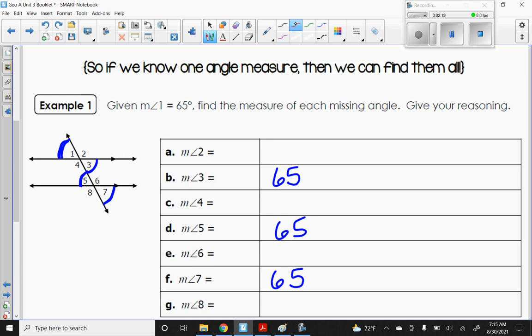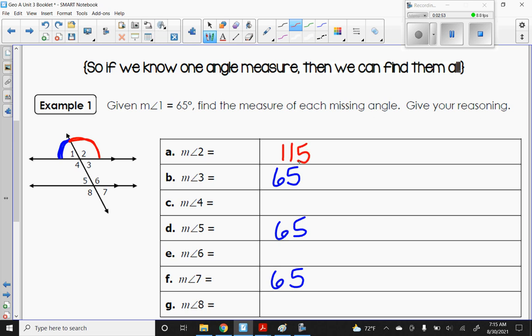So now we're going to look at how to find 2, 4, 6, and 8. It just so happens they're the even numbers. How you do this is just look at one combination. I'm going to look at 1 and 2. 1 and 2 form a linear pair, therefore they must add up to 180, and you should see a half circle. All half circles are 180. So angle 2 is going to be 115.